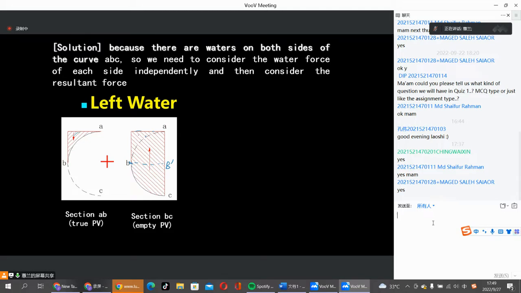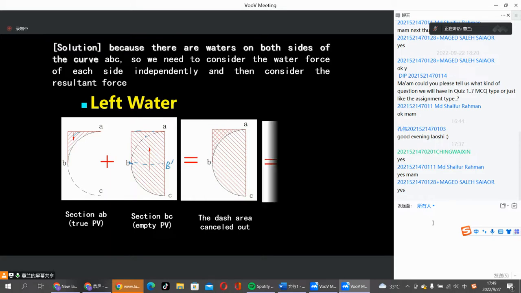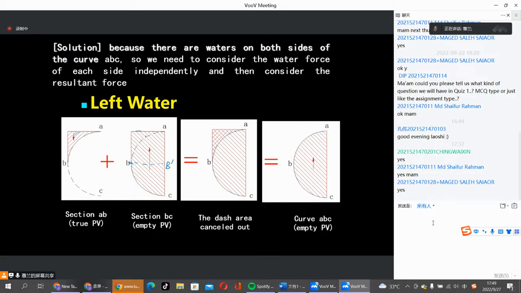Because this is downward, this is up, and then we will have curve AB. So the vertical force on curve ABC is actually equal to the weight of the fluid block ABC.